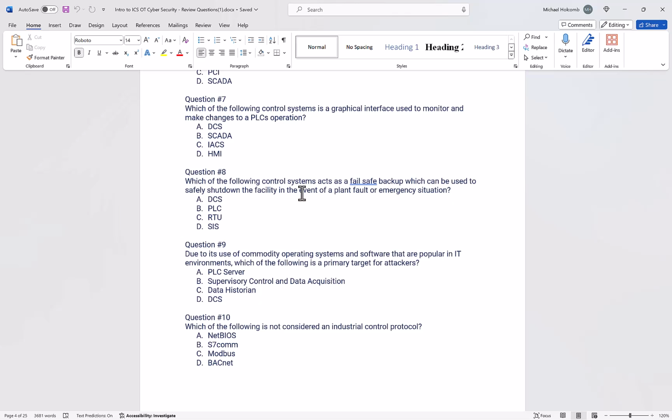Question 8, which of the following control systems acts as a fail-safe backup, which can be used to safely shut down the facility in the event of a plant fault or emergency situation? Remember, that's the SIS, or the safety instrumented system. We highlighted that when we talked about the Triconex, or the Trisis, or the Trident event.